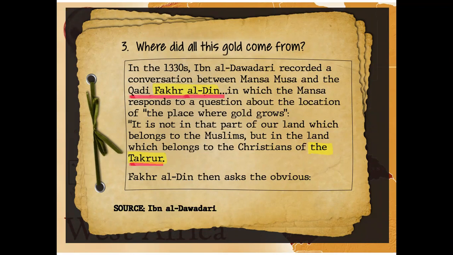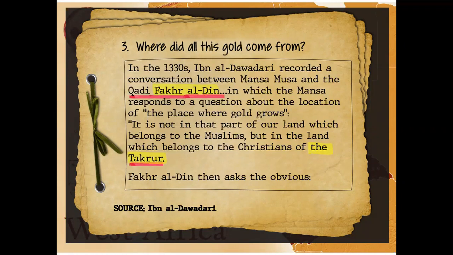And ultimately, all of this chunk of text is saying that this conversation gives us insight into the quote, place where gold grows. And of course, that is in quotations, because we know that gold does not really grow in the ground the way that corn or wheat might, but it's asking, where does the gold come from?